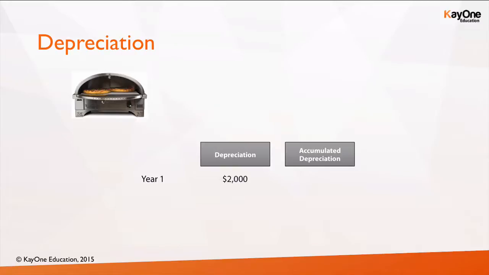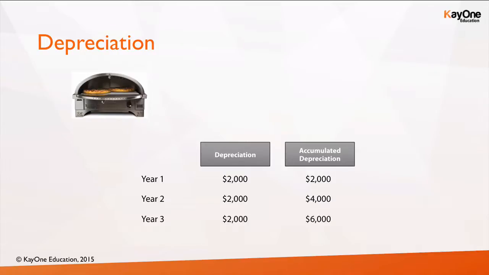So in year 1, the depreciation is 2,000, year 2 it's 2,000, year 3 it's 2,000, and from year 4 there is no depreciation because the useful life is 3 years. And therefore the accumulated depreciation is 2,000 the first year, second year is 2,000 plus 2,000 which is 4,000, and third year it's 4,000 plus 2,000 which is 6,000.